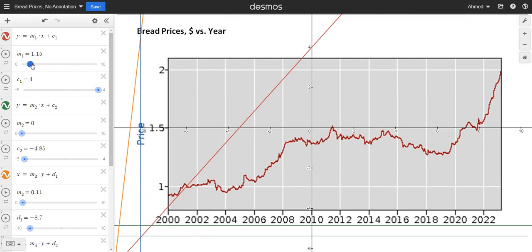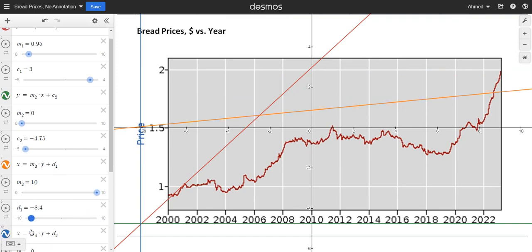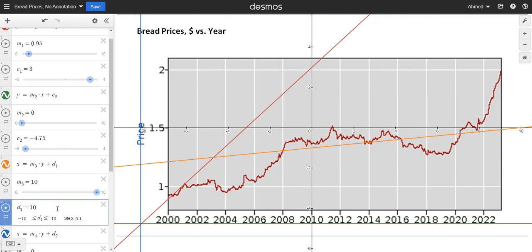Anyway, by fiddling around with this, you can get the slope to change. I really should be using the orange line here, because that allows me to get the intercept smaller.